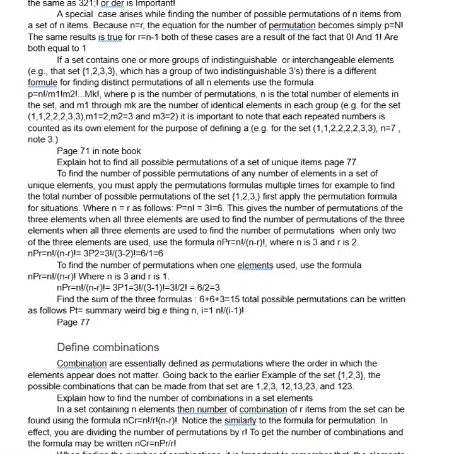Simplified more, 3 factorial over 2 factorial equals 6 over 2, which simplifies to 3.